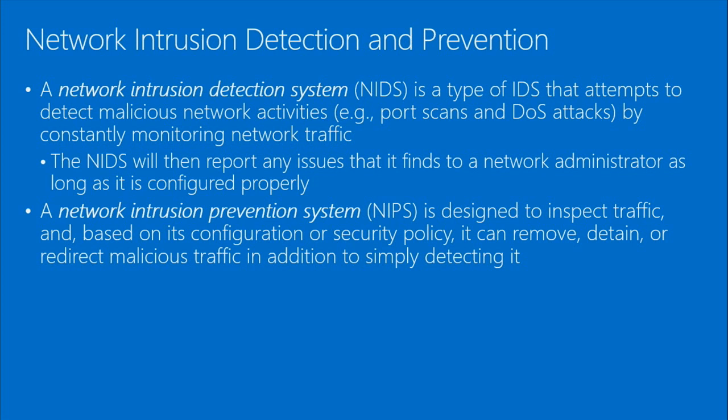Network intrusion and detection. So basically monitoring the network for malicious networking activities like port scans, denial of service attacks. Port scans are basically checking different ports on your server to see what's open. Someone else checking different ports. Well, you might do a port scan on your own system.